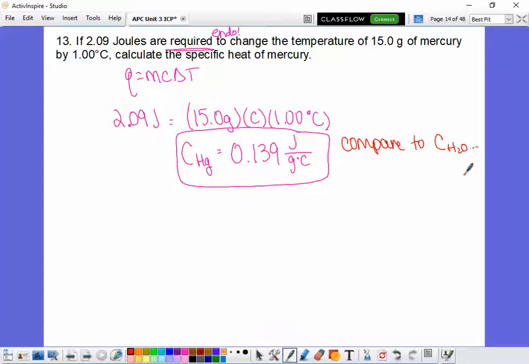Have you ever put something in the oven and covered it with aluminum foil? When you take it out of the oven, you can touch that aluminum foil almost immediately, because it has a very low specific heat capacity. It's going to change temperature very, very easily.